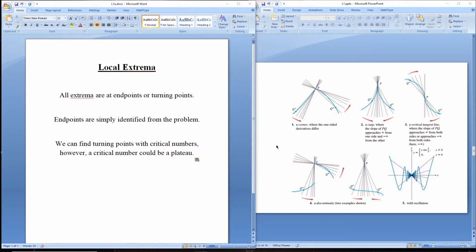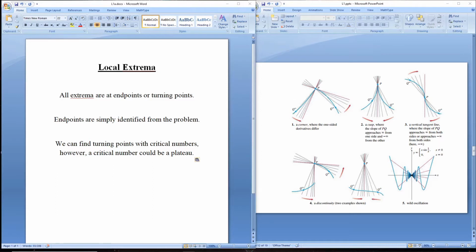And if you think about that, that gives us a way to find it. If we know the derivative will fail at sharp corners, then we can use that information to find these sharp corners. We will simply look for where the derivative fails.